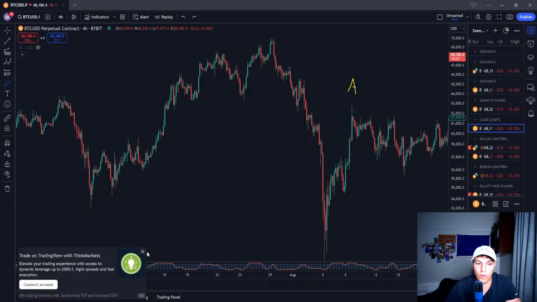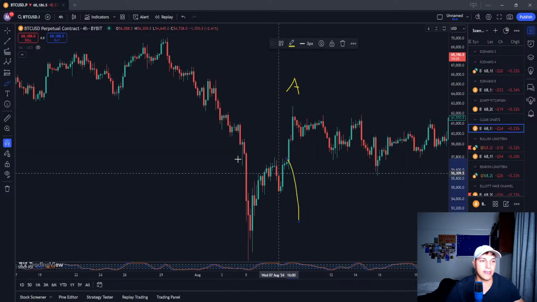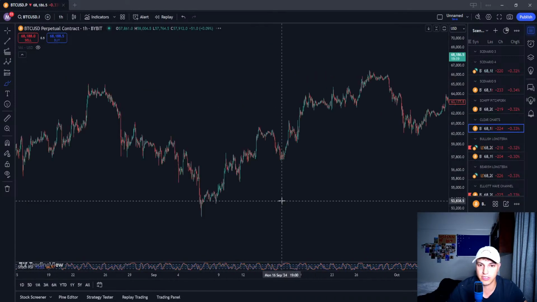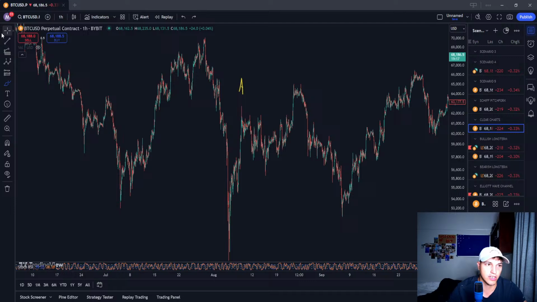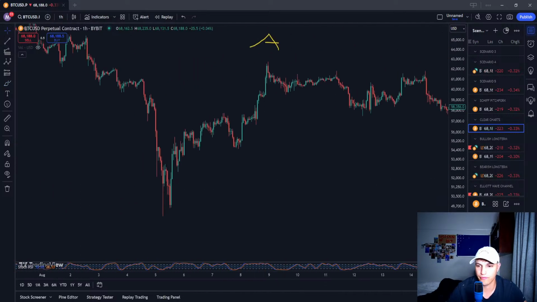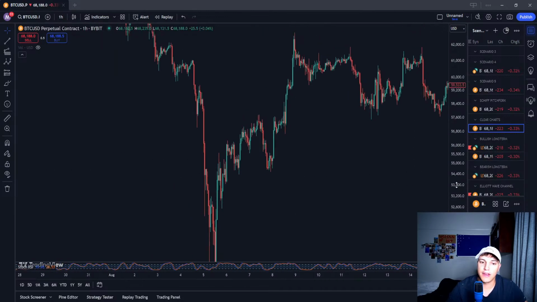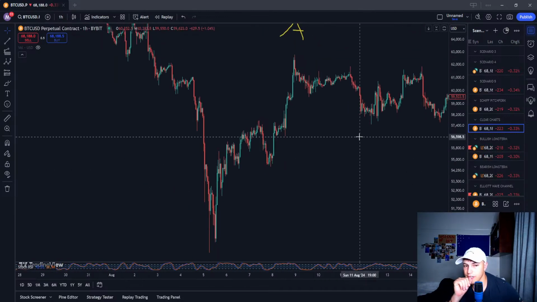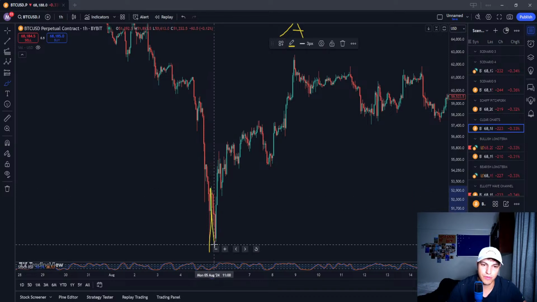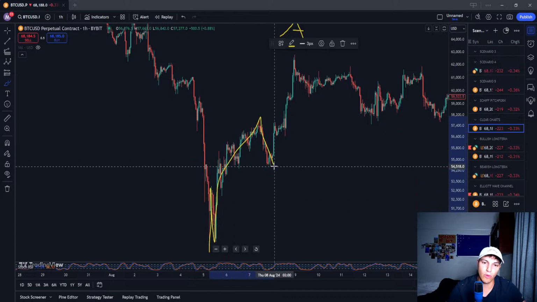So wave A being, if we look, let's go into the hourly time frame, give you the benefit of the doubt here for a 5 wave structure. Now wave 3, you need to think about this. Wave A being a 1, 2, 3, 4, 5.